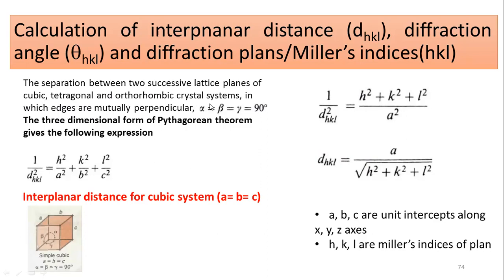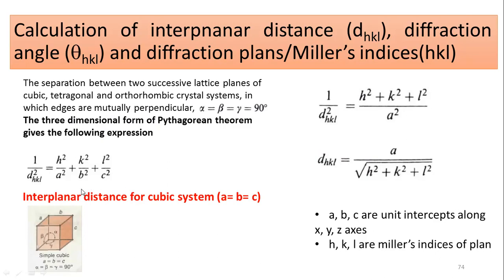That means the angles alpha, beta, and gamma are 90 degrees. That's why these are perpendicular to each other. For these three systems, you can solve the three-dimensional form of the Pythagorean theorem, and that will give you the following expression.